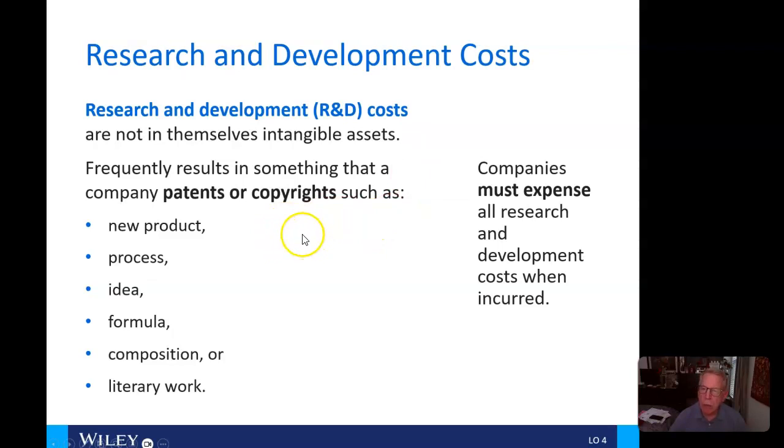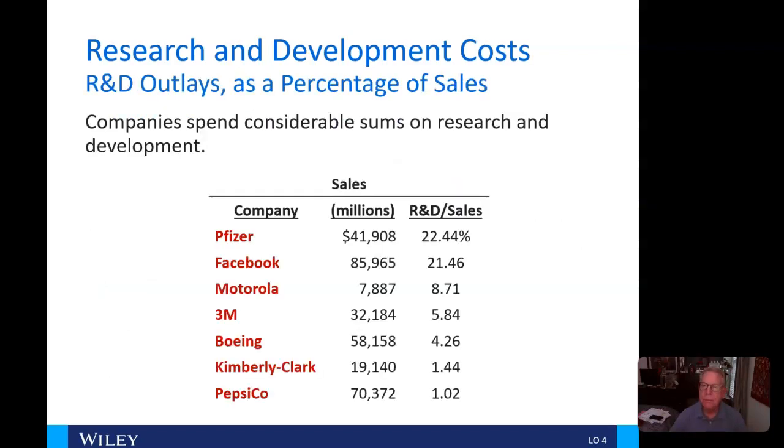Frequently, this results in something that accompany patents or copyrights. That's why we do R&D. We want to develop a new product, process, idea, formula, composition, or literary work. Now, companies must expense all research and development costs as incurred. All right.